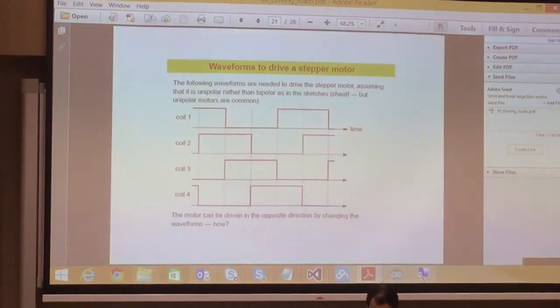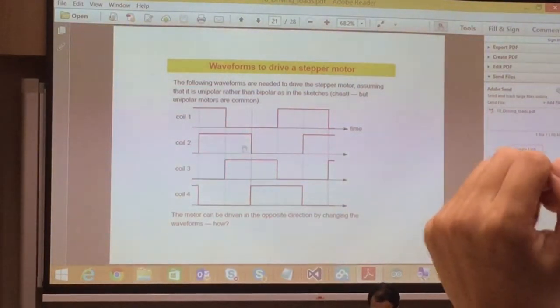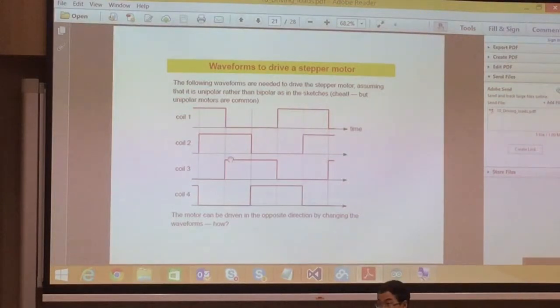If it's coil 1 and coil 2, the motor needs to align to the center of coil 1 and coil 2. The next moment is coil 2 and coil 3, so they move down. In this way, the motor is rotating. So how do you control coil 1, coil 2, coil 3? Let's say, for example, you have 4 outputs from the Arduino.